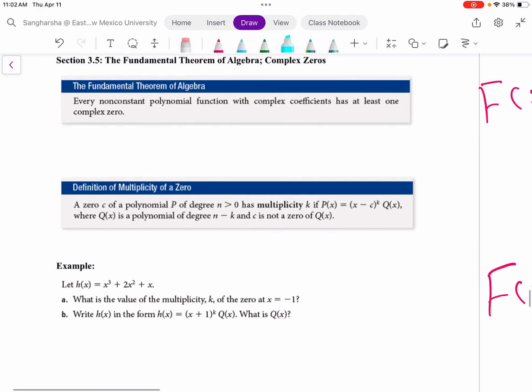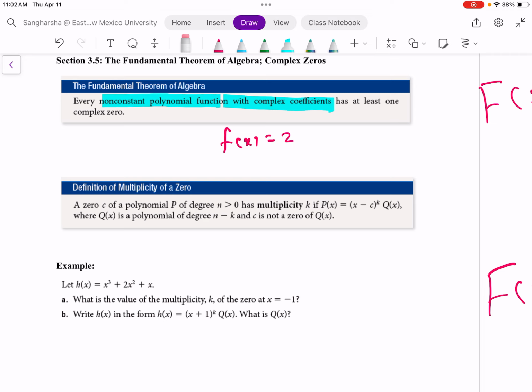Before that, let's go through the basic fundamental theorem of algebra. If we have a non-constant polynomial function with complex coefficients, a polynomial function which is not a constant. A constant polynomial function is, for example, f of x equals 2.